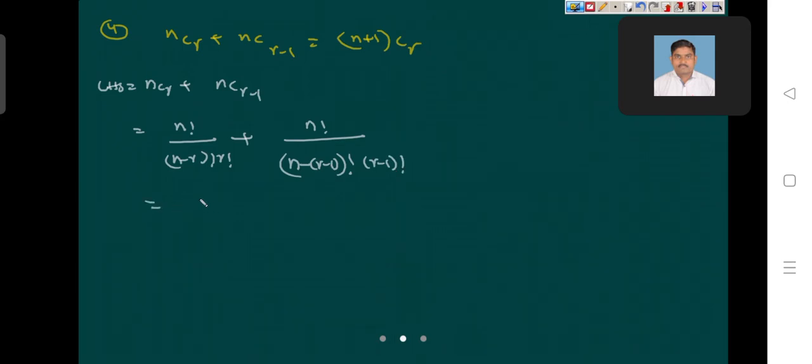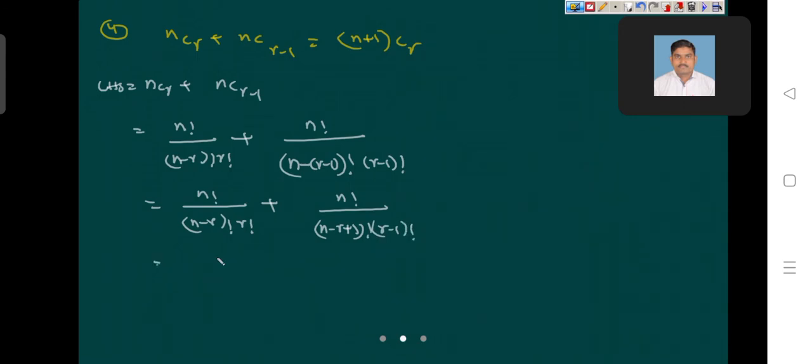That is n factorial by (n minus r) factorial into r factorial plus n factorial by, after eliminating the bracket inside, (n minus r plus 1) factorial into (r minus 1) factorial.